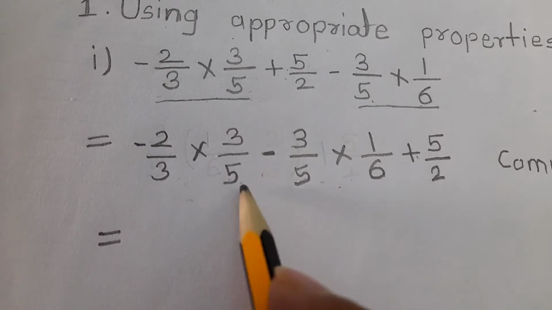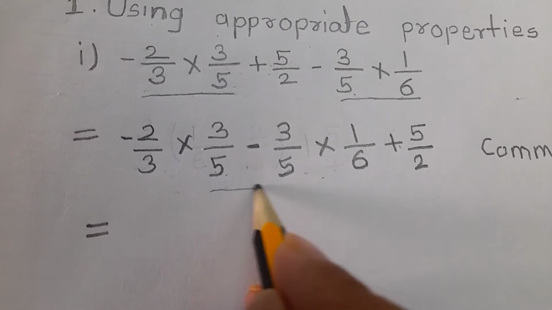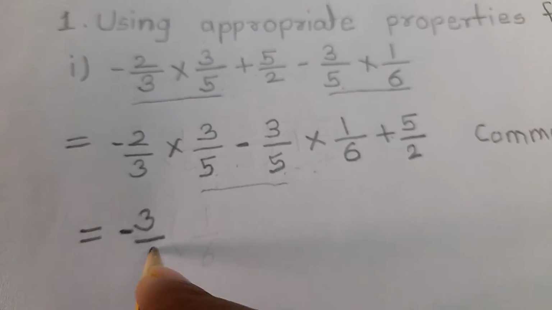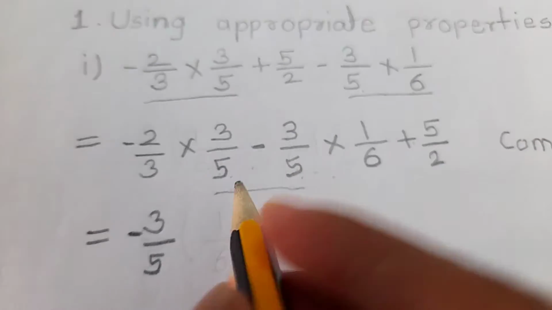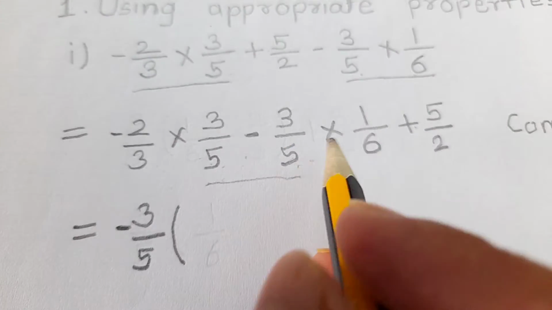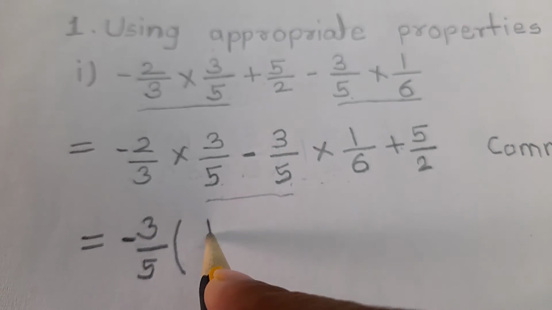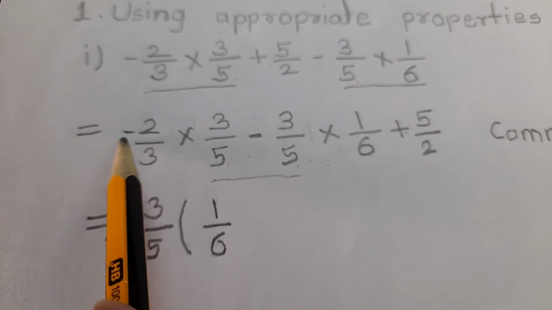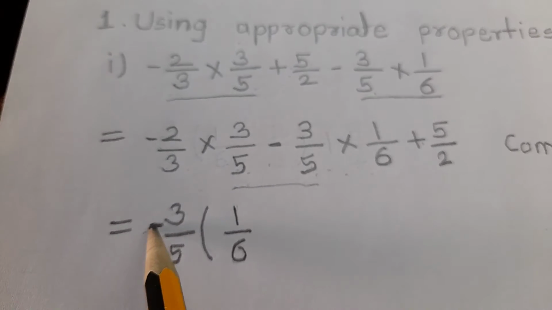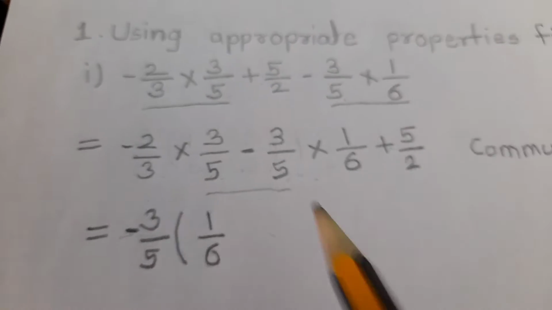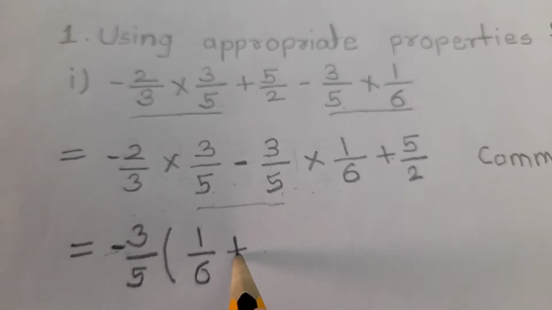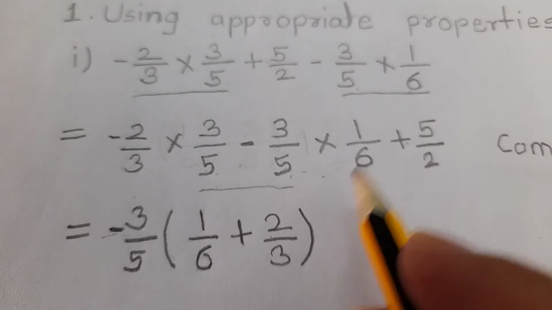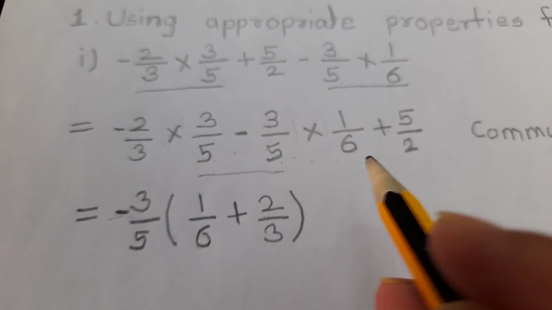We will write minus 3 upon 5 as a common factor, and in bracket we will write 1 upon 6 first, and then plus 2 upon 3, because we have taken the minus sign as common. Bracket complete. Plus 5 upon 2 as it is.